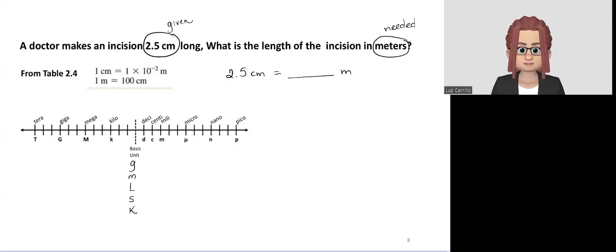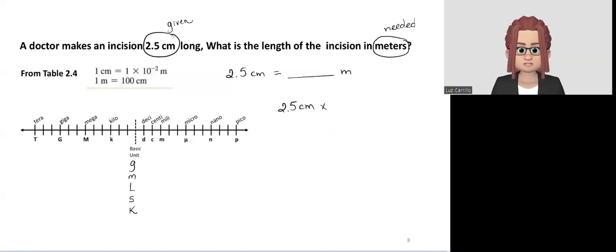So specifically from table 2.4, we can see that they actually have the equality for meters to centimeters. So we can utilize the technique of dimensional analysis in order to find the result. Using dimensional analysis, we can say 2.5 centimeters.